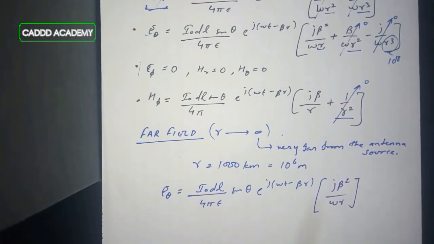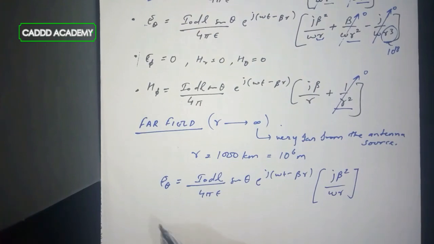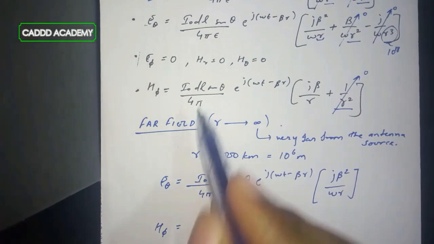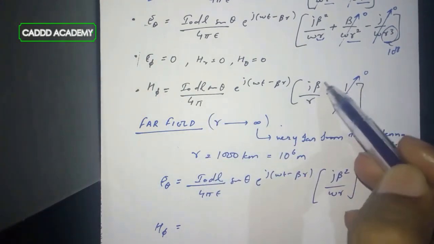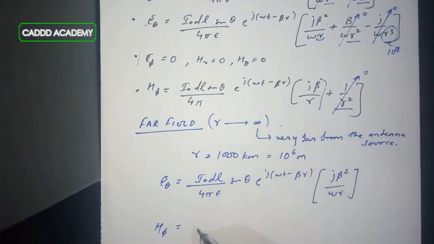This is E theta. Then H phi, the magnetic field in the phi direction. Here the other term is 0, so this remains.